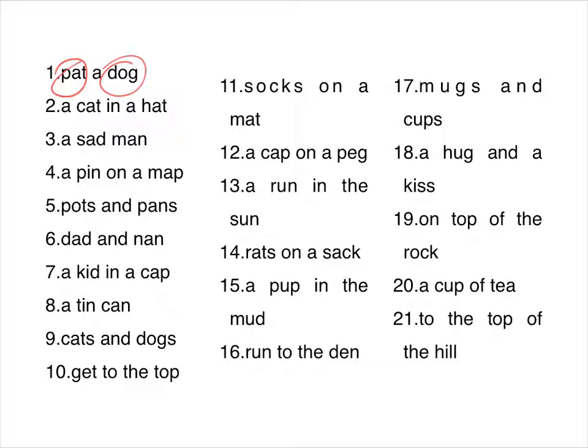Pat a dog, cat in a hat, a sad man, pin on a map, pots and pans, dad and nan. You see what I mean? So the strong bits will be the content words, and all the other words are going to be unstressed. Okay?